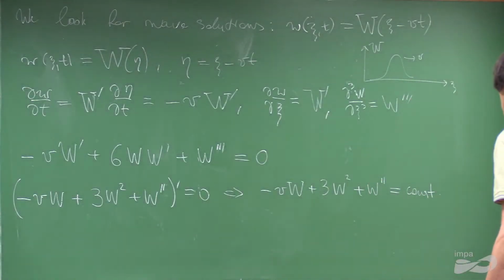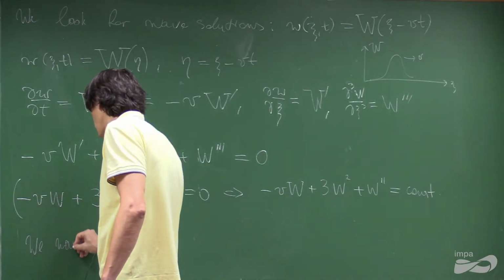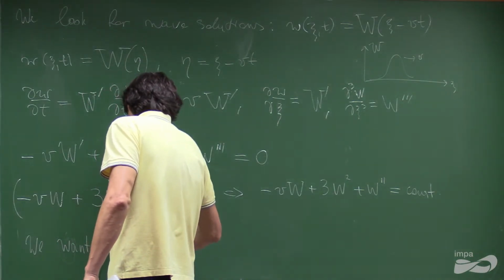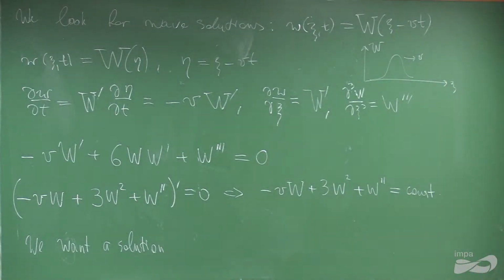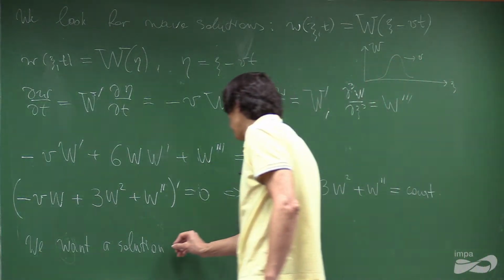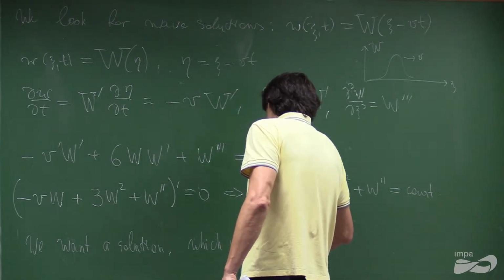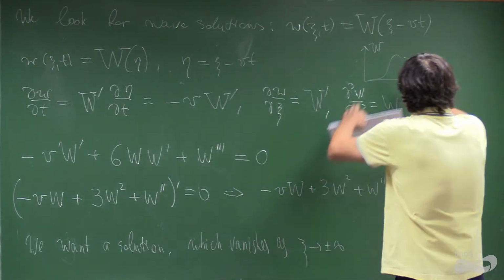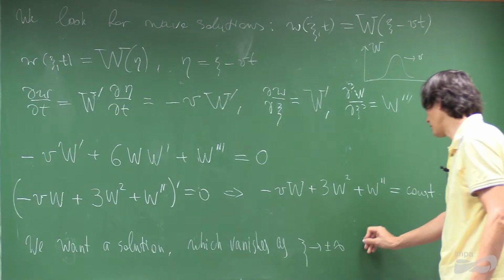So now, which constant? What we want is a solution which vanishes far away. So we want a solution which goes to 0. If the solution goes to 0, this goes to 0, this goes to 0, this goes to 0. So in that case, the constant is 0.